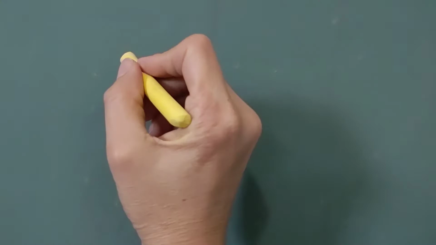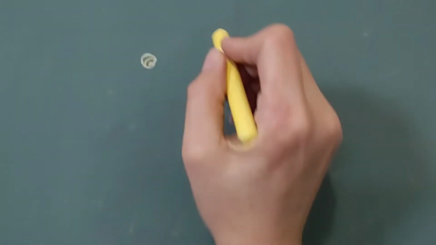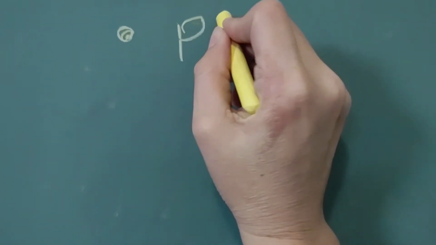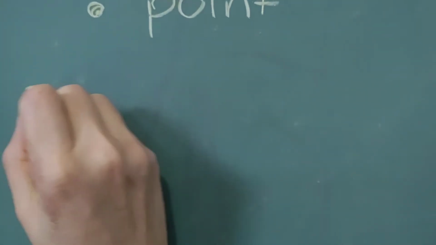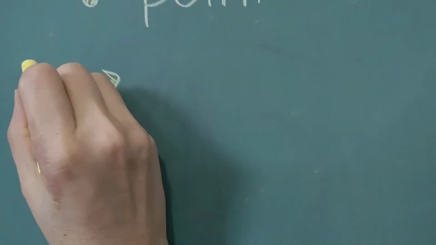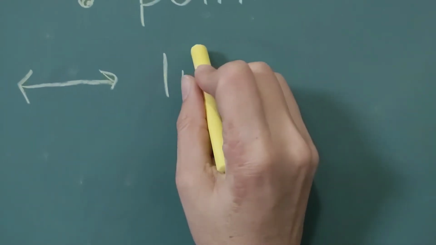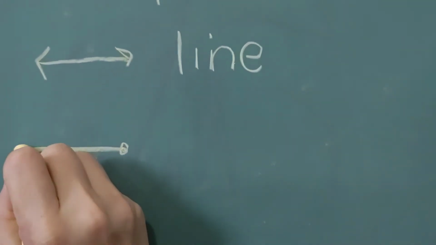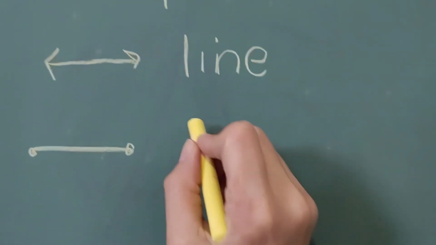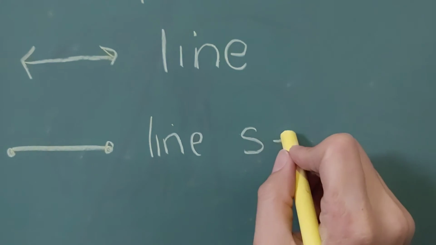Okay, let's review the things we've already learned. That's called a point. If you see a straight line with two arrows, that's called a line. Okay. You see part of a line with two end points, that's called a line segment.